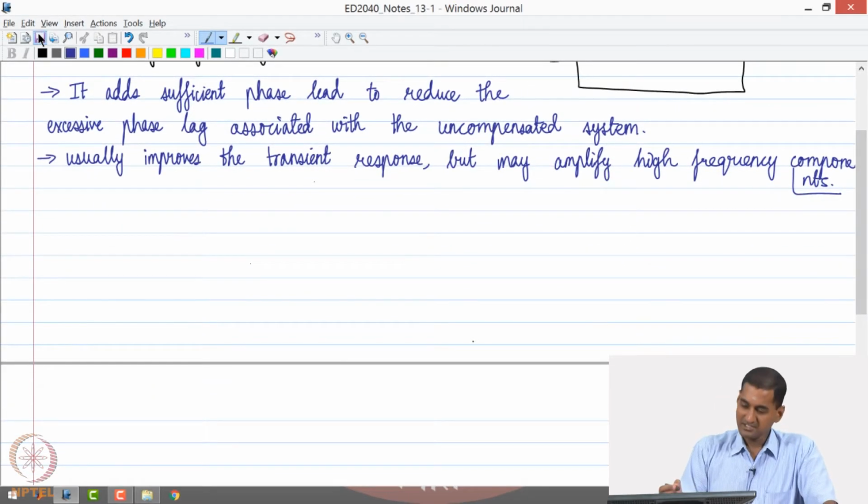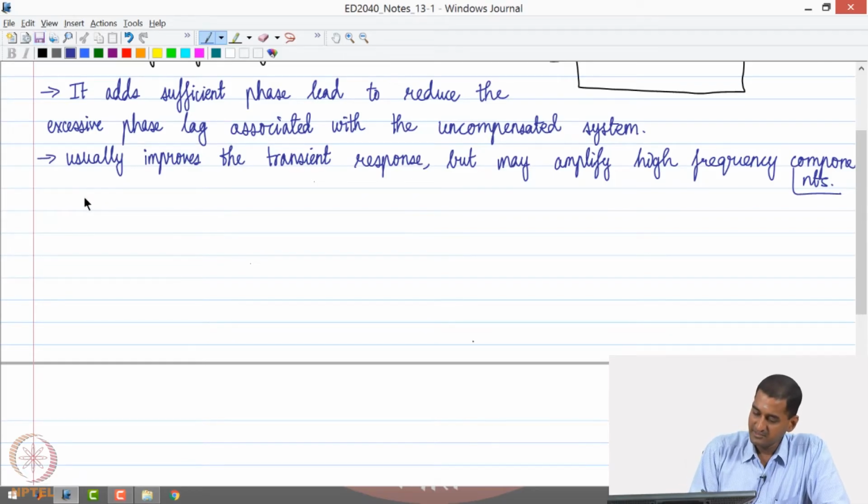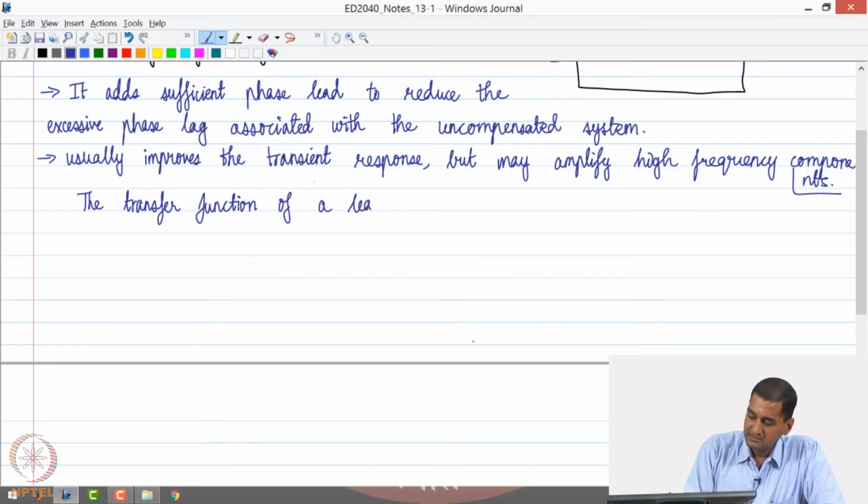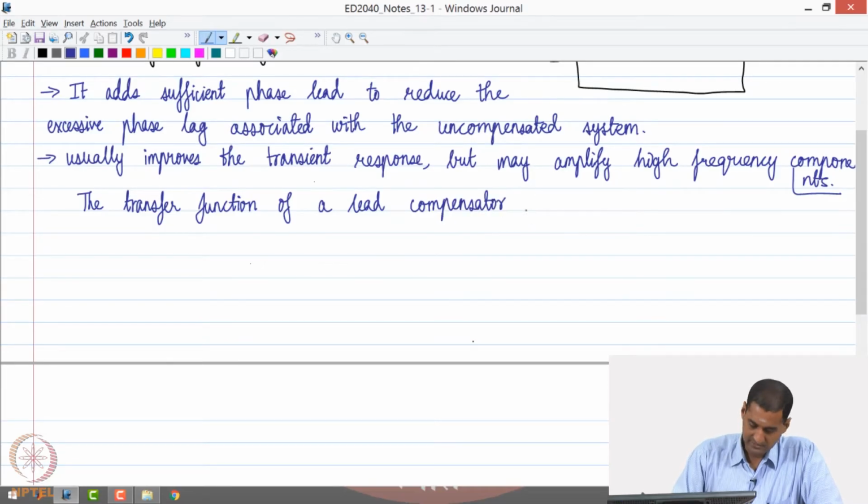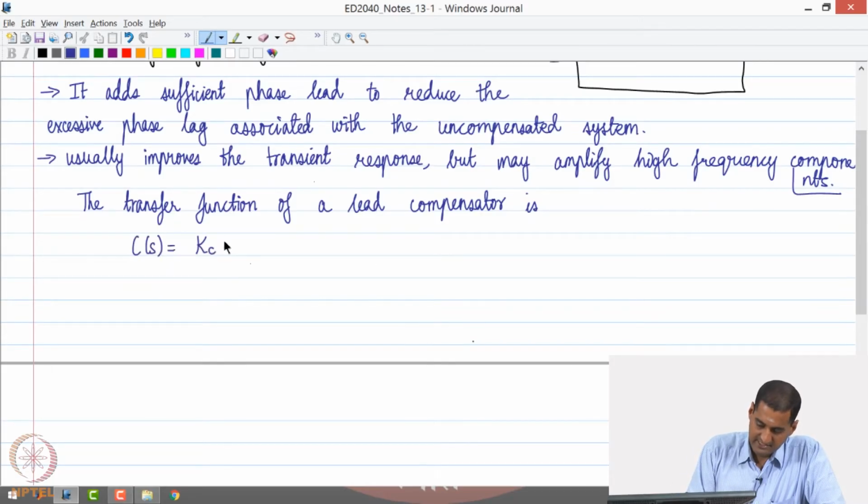So let us look at the structure of the lead compensator. Typically the transfer function of a lead compensator takes the form C of s equals Kc alpha times (Ts plus 1) divided by (alpha Ts plus 1).